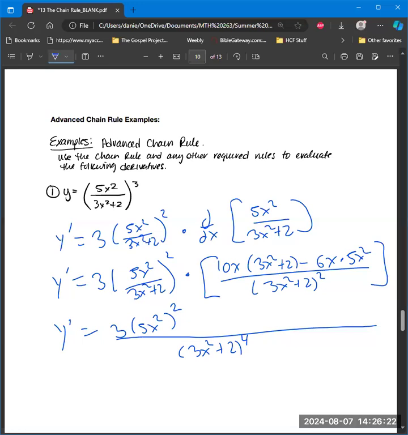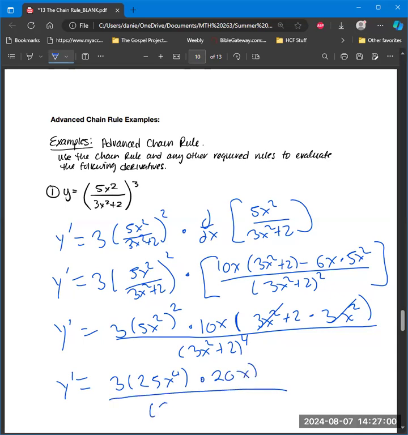And this is going to be, let's take a 10x out. Squared plus 2 minus 3x squared. So that's going to give me y prime equals 3 times 25x to the fourth times 20x over 3x squared plus 2 to the fourth.